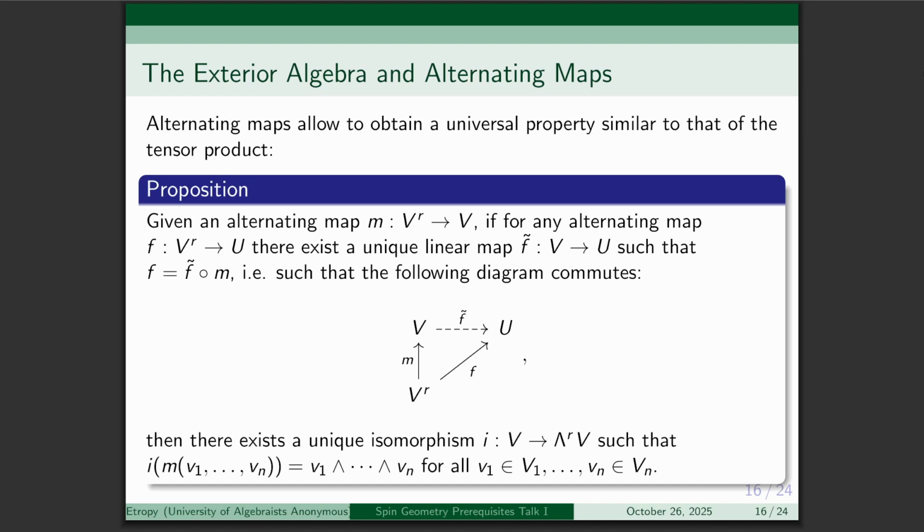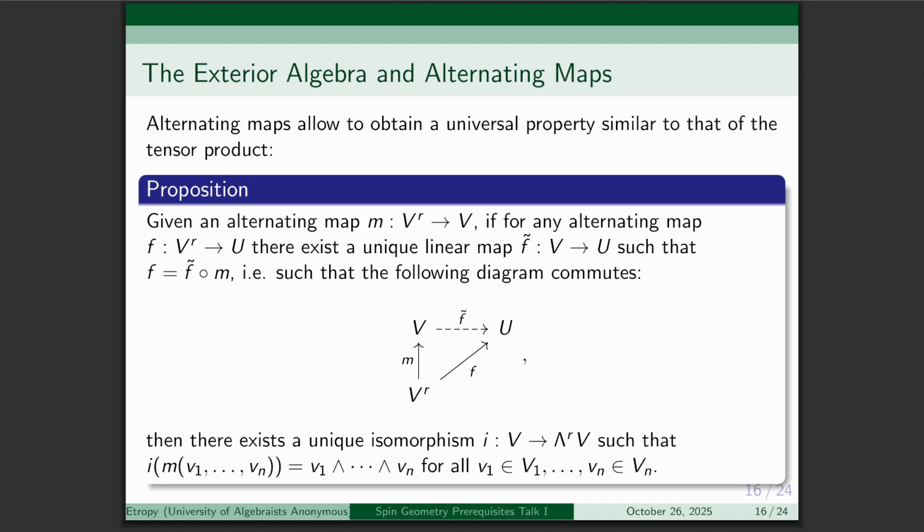And so if we have an alternating multilinear map out of the r-th power of a vector space into some other vector space, then there exists a unique lift of it to a linear map, such that the composition works out. Oh, sorry.